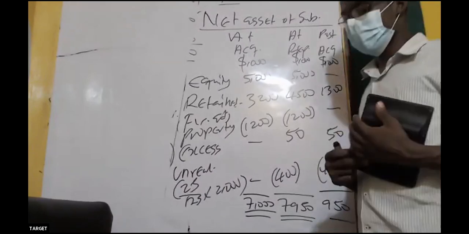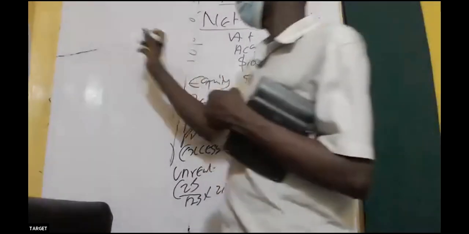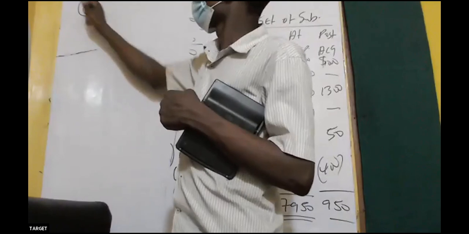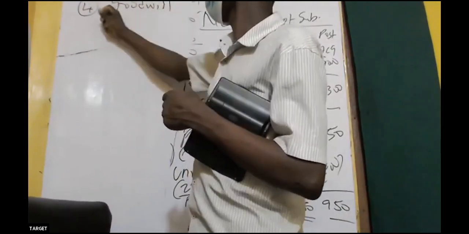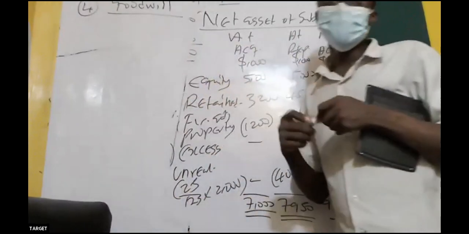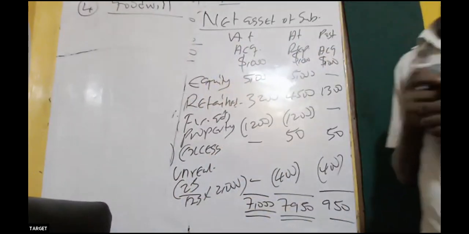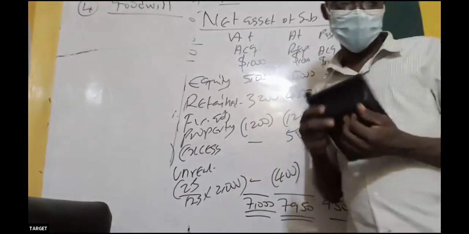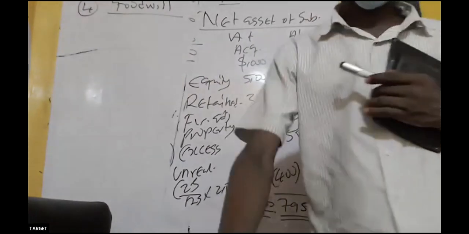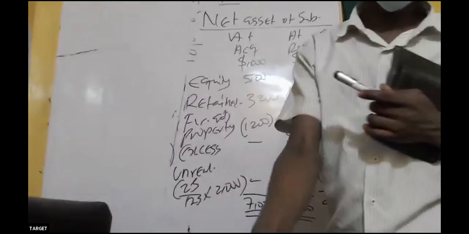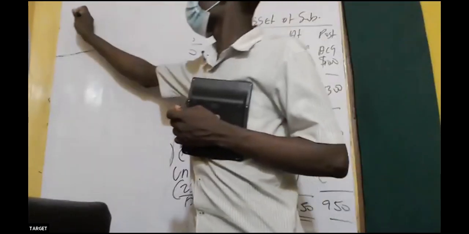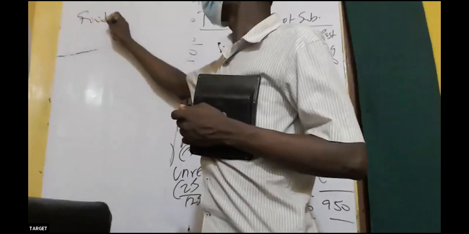Let's go to workings number 4, goodwill. So computation of what? Goodwill. Here we are using a full goodwill method.